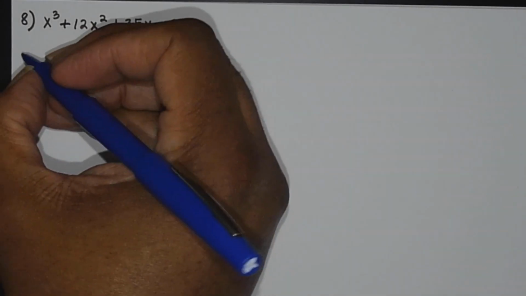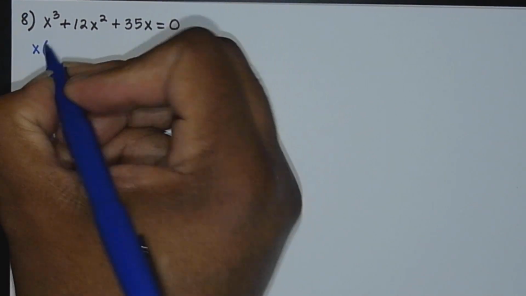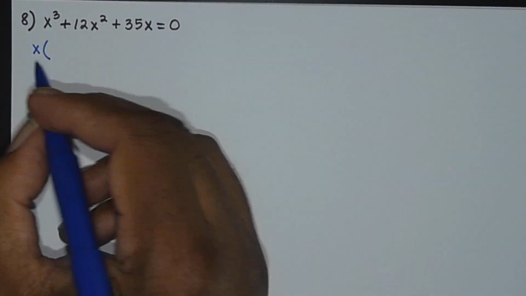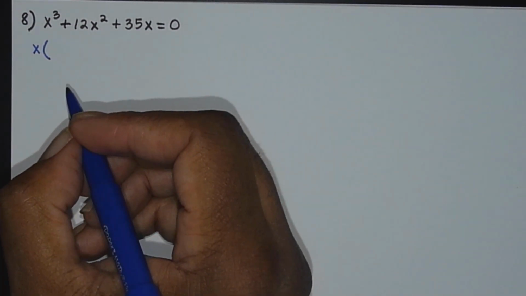Well, to begin this problem, I need to factor it completely by finding a greatest common factor that's in x cubed, 12x squared, and 35x. Has to be just x. The x is common in all three terms. We take the one with the smallest exponent, so x would be your common factor.